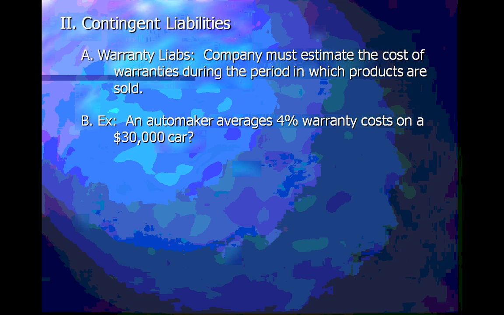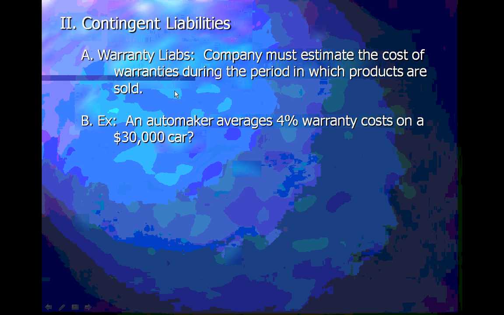You don't know how many people are going to fail to pay you, so you have to estimate the uncollectible accounts. Well, if you're selling, let's say, cars or washers and dryers, whatever you're selling, there's a warranty cost in many cases. You don't know exactly how many of those devices are going to go bad and how many people are actually going to turn in their car or their washer or their appliance, whatever it is, for a warranty. So you have to estimate them.